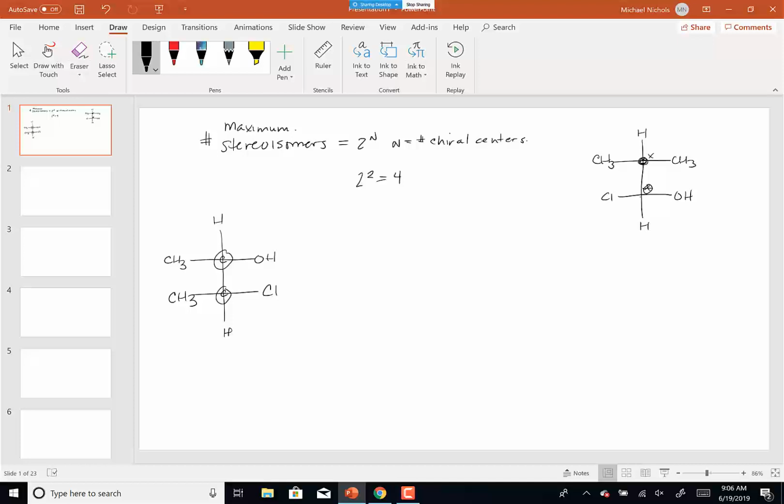Is the bottom carbon R or S? And remember that the Fischer projection looks like that: horizontal, bold; dashed, vertical.